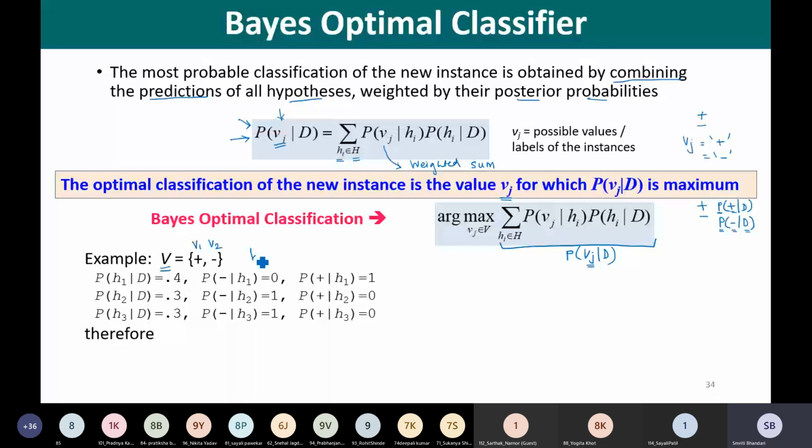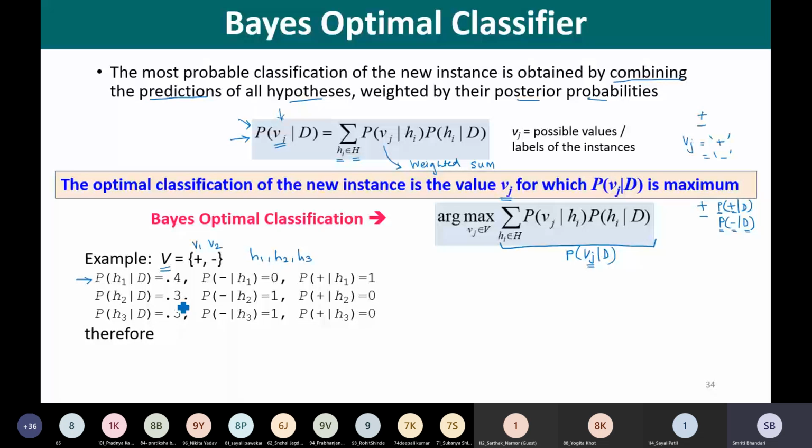So we know these quantities. Let us try to interpret this data. The probability of H1 given D is 0.4. The probability of H2 given D is 0.3 and the probability of H3 given D is also 0.3.